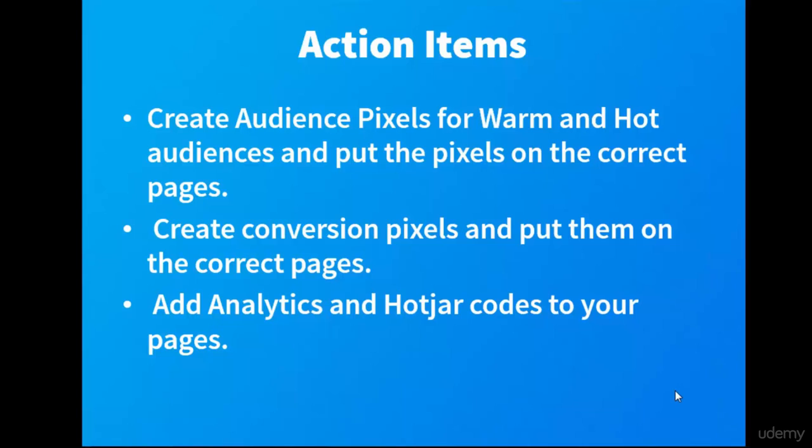It means that they have looked at your stuff, they know who you are but haven't purchased. Your hot audience is your audience of buyers and opt-ins. So make sure that you put pixels on your landing page and a different pixel for your hot traffic and your hot audiences on your thank you pages. And don't forget your conversion tracking pixels on your thank you pages as well.